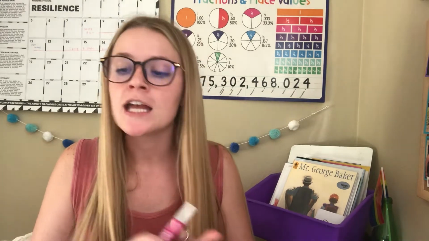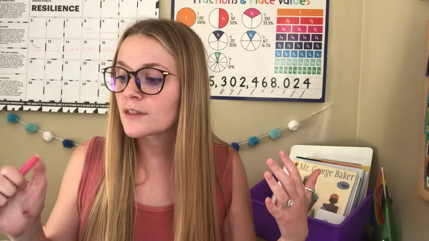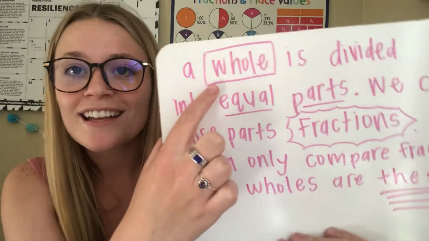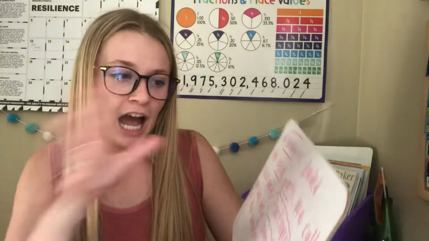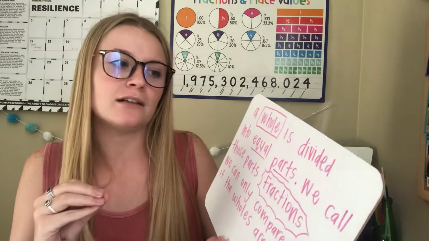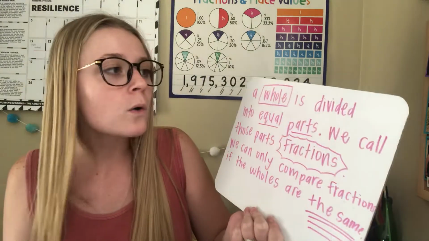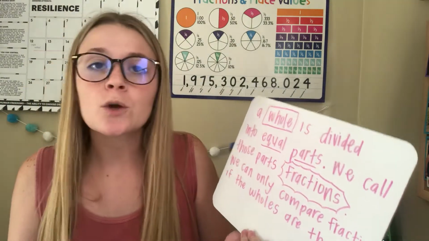So before we even do the Spark Your Learning, I just want to preface this by saying that it's really, really important that we keep track of the fractions that we're using and the wholes that we are describing. And by wholes, I mean whole, W-H-O-L-E. I wrote this little tidbit down. It says a whole is divided into equal parts.